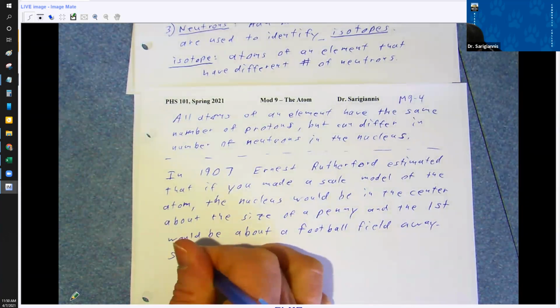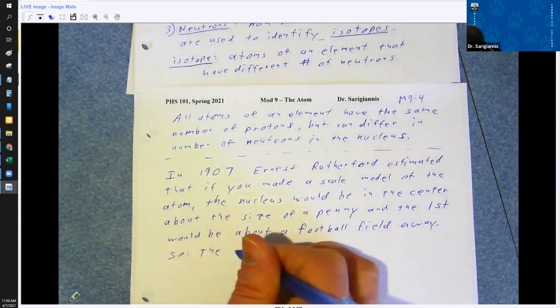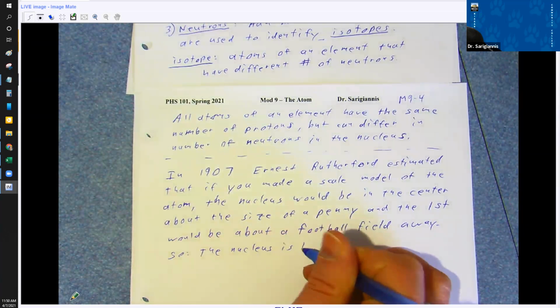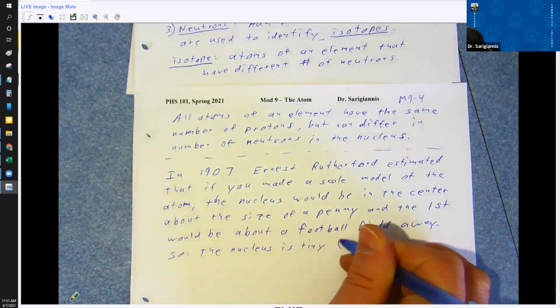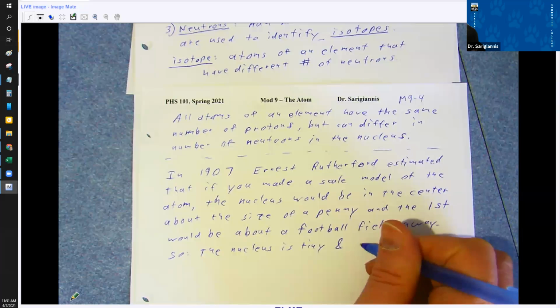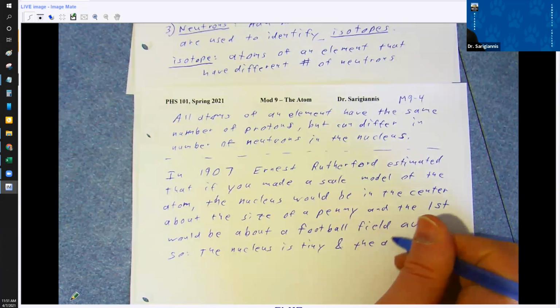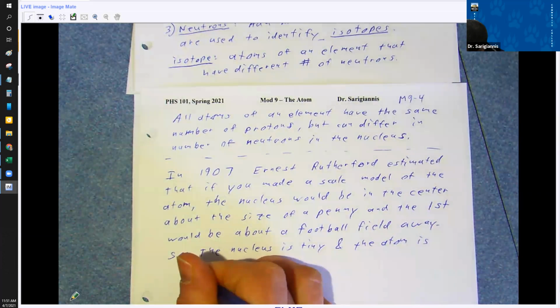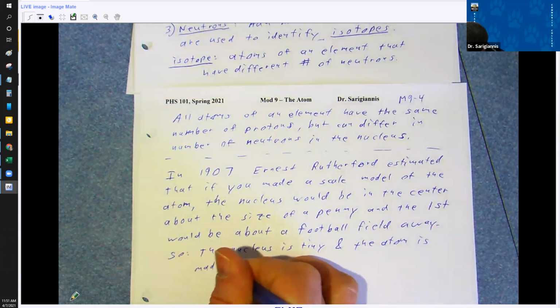So the takeaway here is the nucleus is tiny, and the atom is made up mostly of empty space.